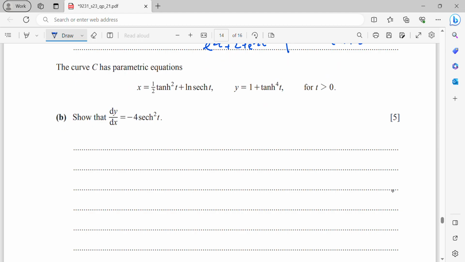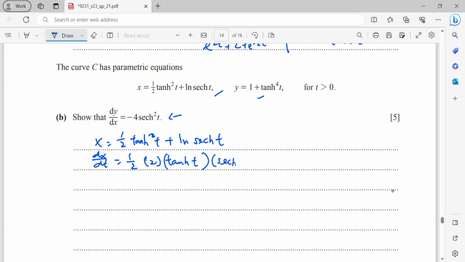Now B, given x, y, then you need to show this dy/dx. So your x is half tangent squared t plus ln secant t. So our dx/dt will be half, bring down the 2, the power 2, remain the tangent t, differentiate tangent t will be secant squared t. So for the ln, you will write over secant t, differentiate secant t is secant t tangent t.